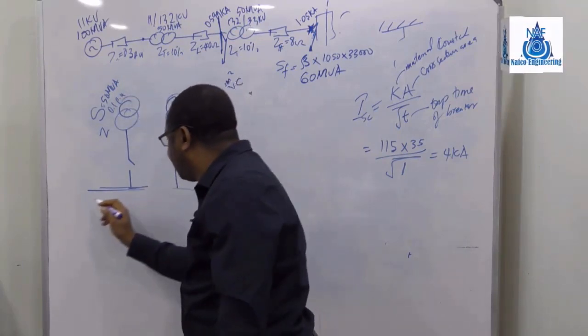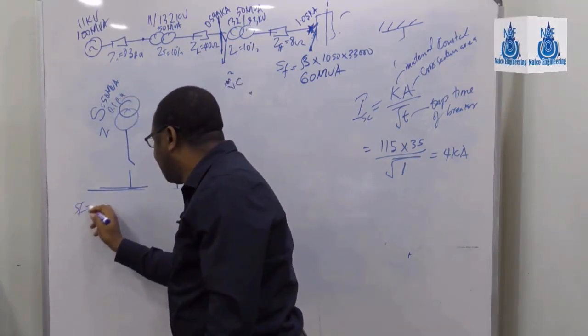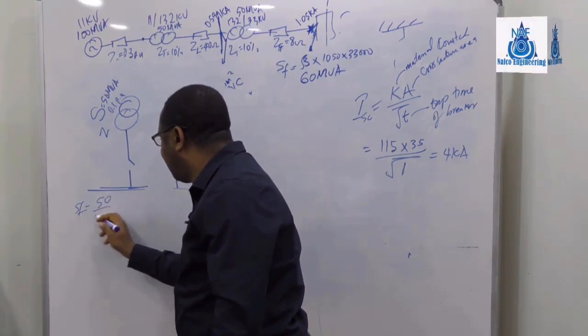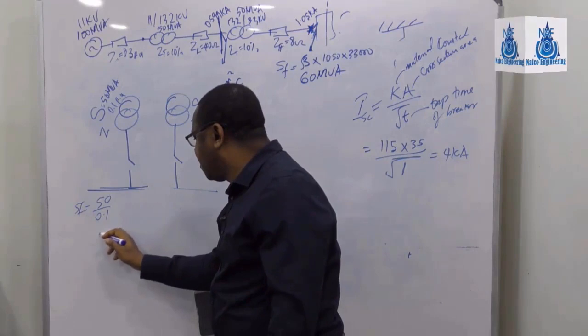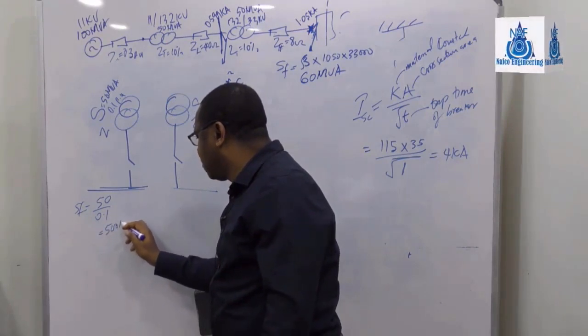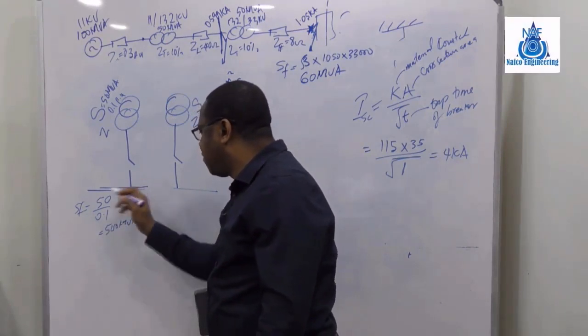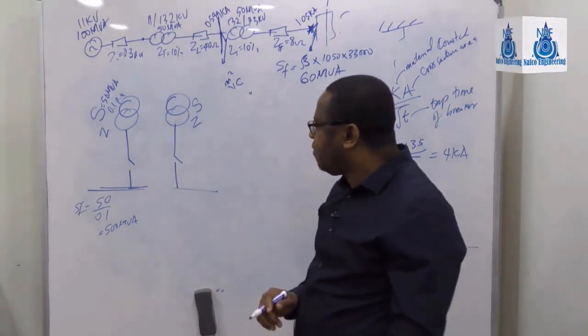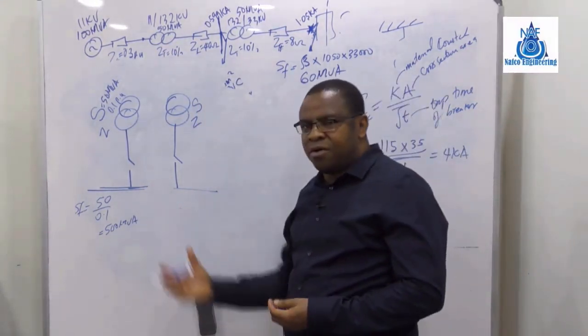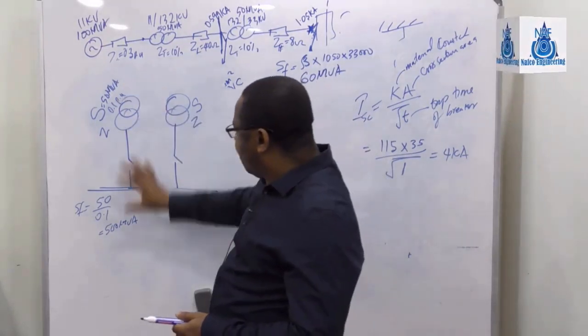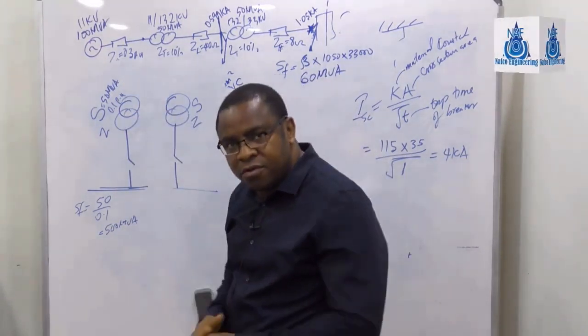Now, S fault here will be 50 MVA over 0.1, which will give you 500. This is 500 MVA fault level. So let's assume that you got your board, and it's a 500 MVA switchgear.